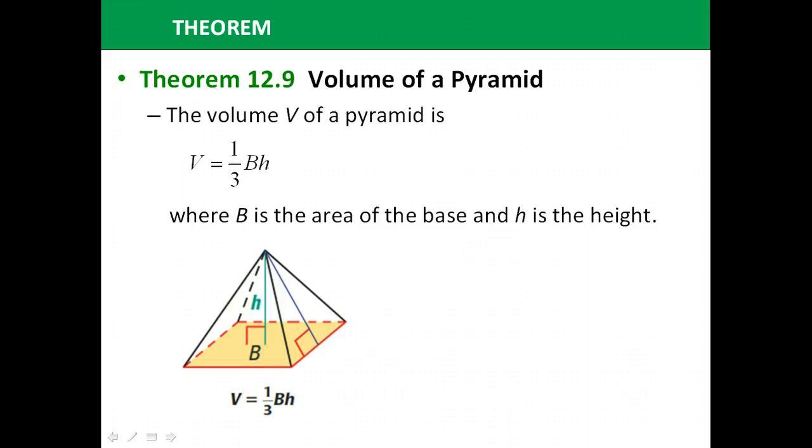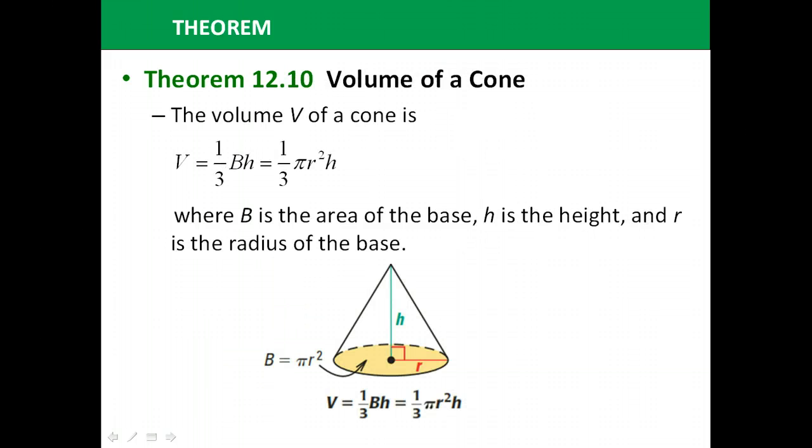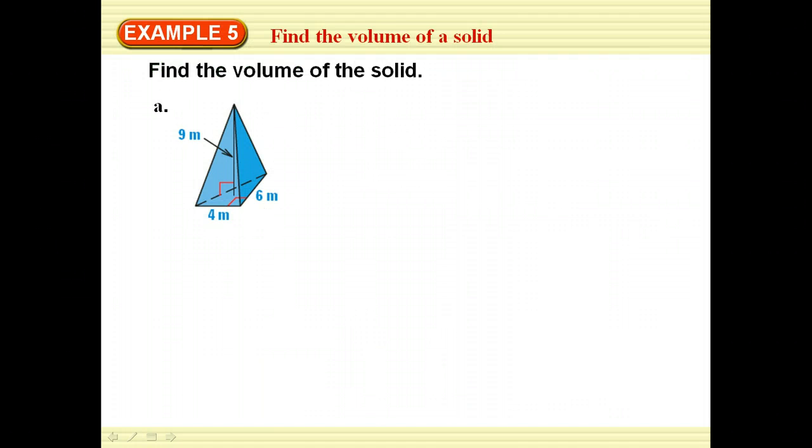So when we get our pyramid, we treat it like a prism, except we take 1/3 of it. Same is true of a cone in relationship to a cylinder. It will be 1/3 of the volume of a cylinder that had the same size circular base.